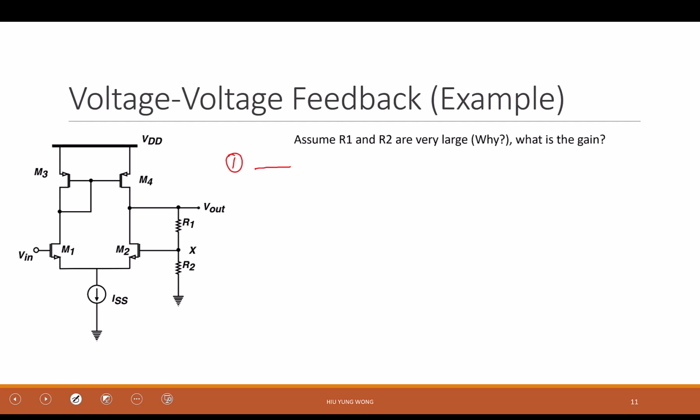First, how do I decompose this circuit? I have an input here, V in, plus minus, and then I want to map it to A naught. And then I have a K.